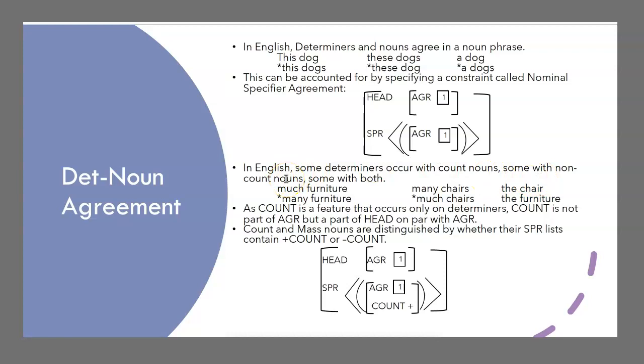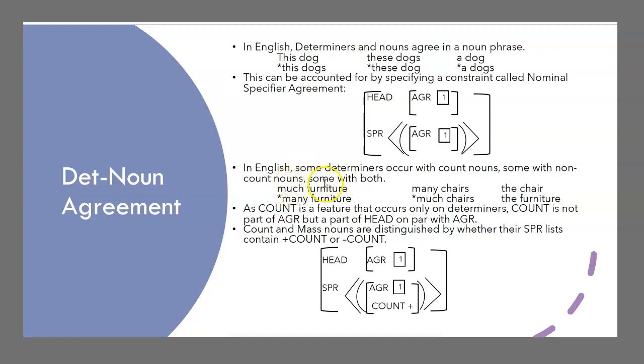Some determiners occur with count nouns, some with non-count. We have a distinction in nouns in terms of count and non-count. So a noun like furniture is non-count. A word like chair is count, so you have a plural for it, whereas furniture will not have a plural. Similarly, the constraint here is that quantifiers or determiners like much, many, etc. also co-occur with only certain kinds of nouns.